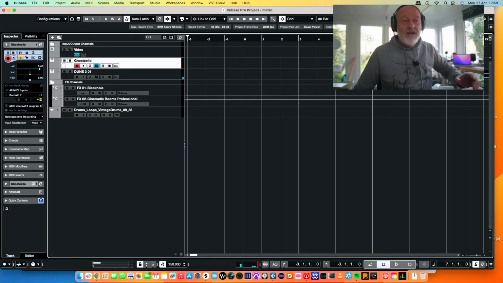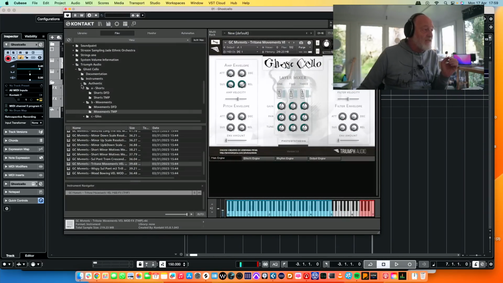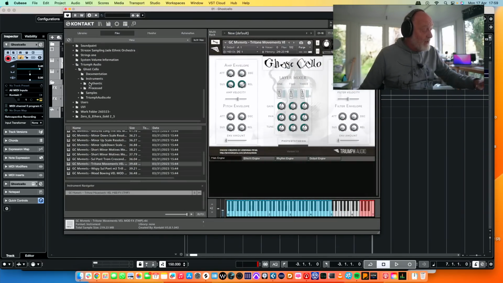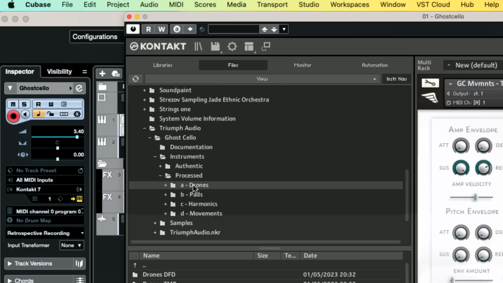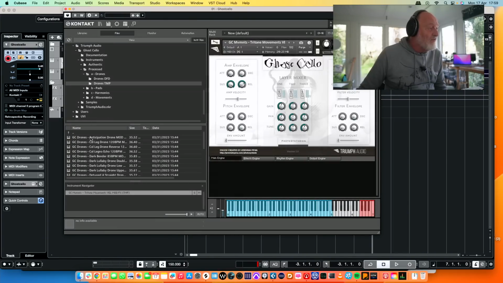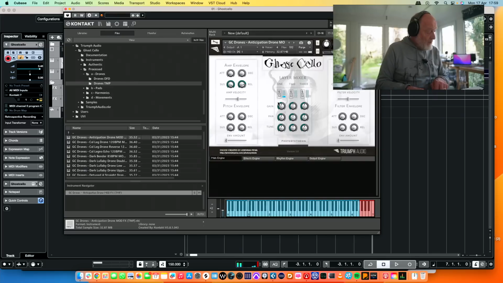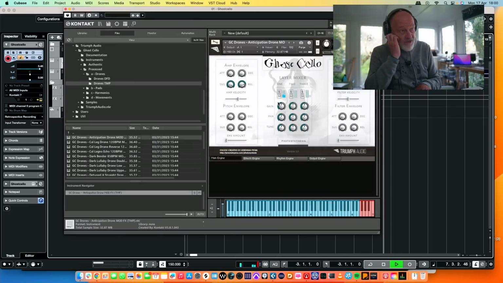Now let's see what Ghostcello can add to this. I tell you what, as well as the authentic ones, these ones marked authentic up here, if you look carefully, it has processed. We're going to leap into processed and see what processed has to offer. Anticipation drone. Wow, okay. Actually, I'm just going to add that to the drone I've got.